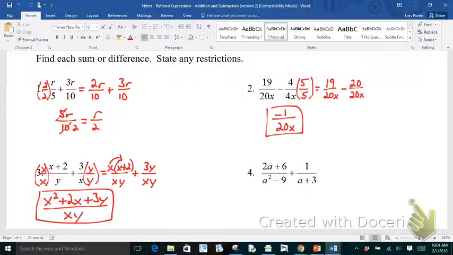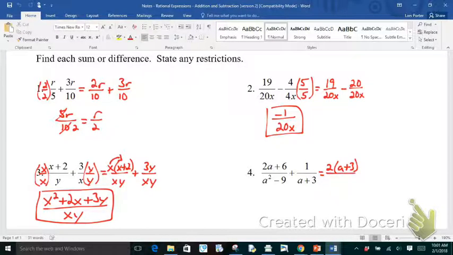Alright, problem 4. Again, things are getting a little bit more complicated as we go. So first step, let's figure out what we have in the denominator. And the best way to figure out the pieces that we have is to factor things. So I'm going to go ahead and factor the top just because it may be helpful.